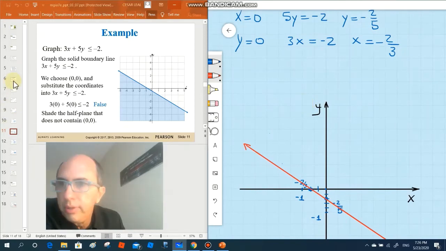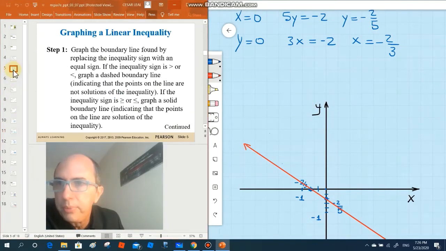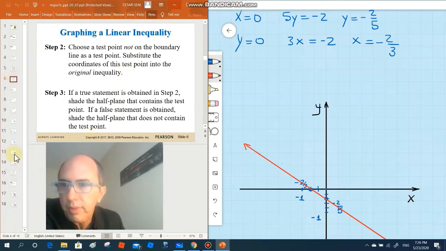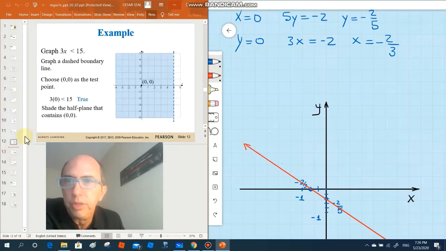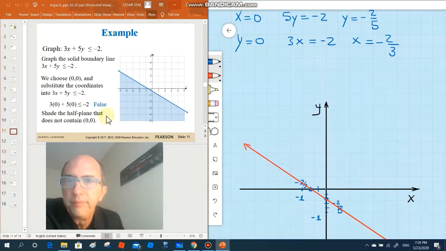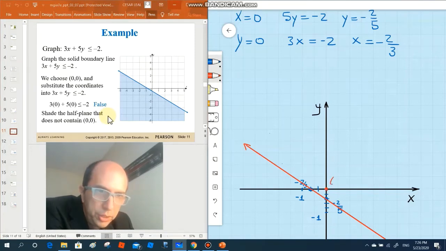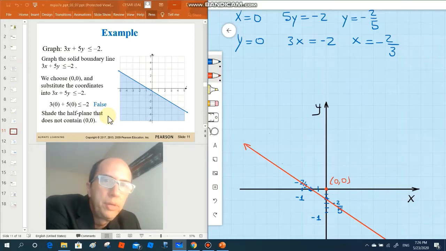Okay, next step. Step 2, choose a test point not on the boundary. Our test point is going to be the traditional test point, 0 and 0, x equals 0 and y equals 0.